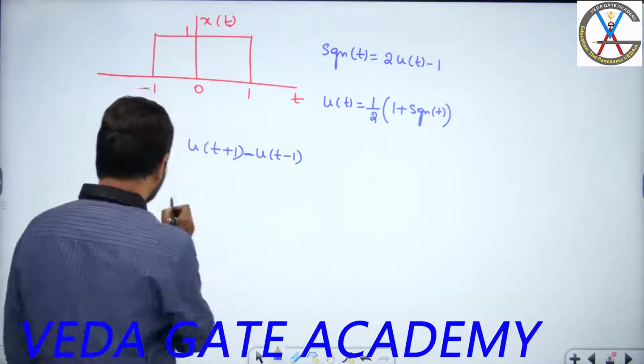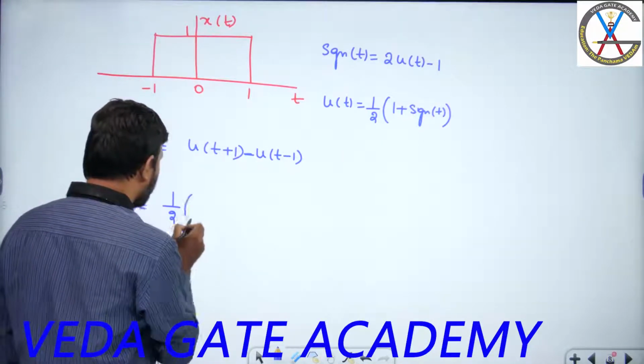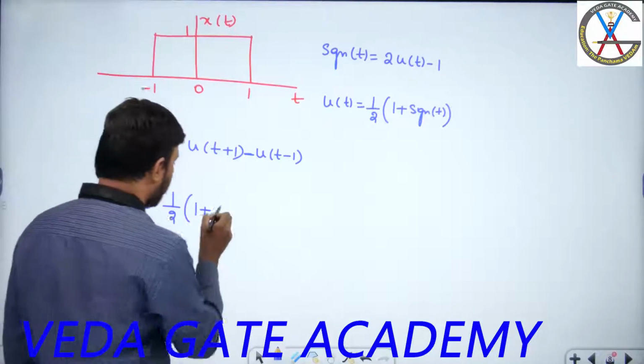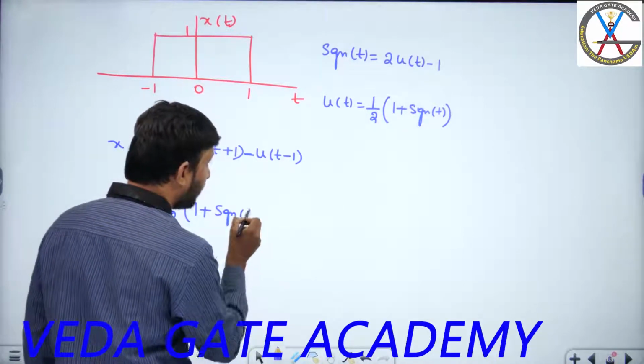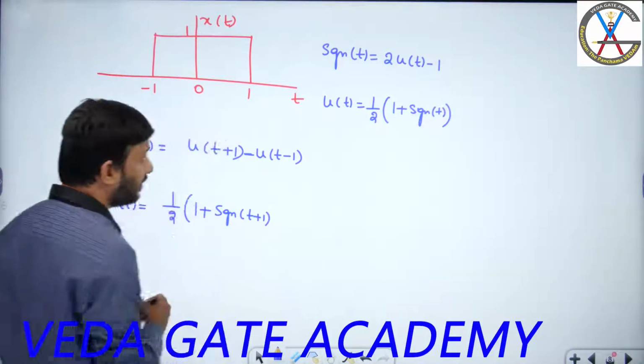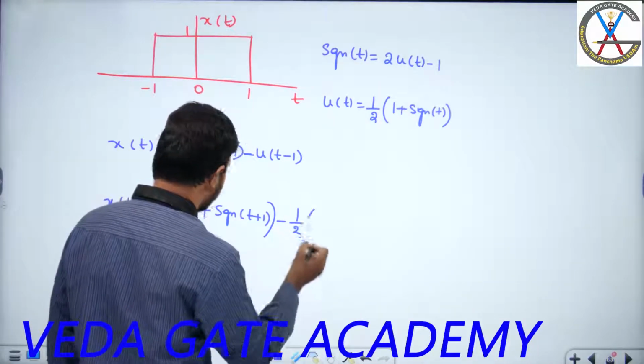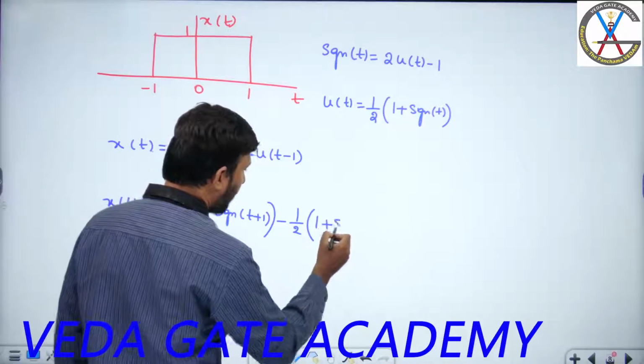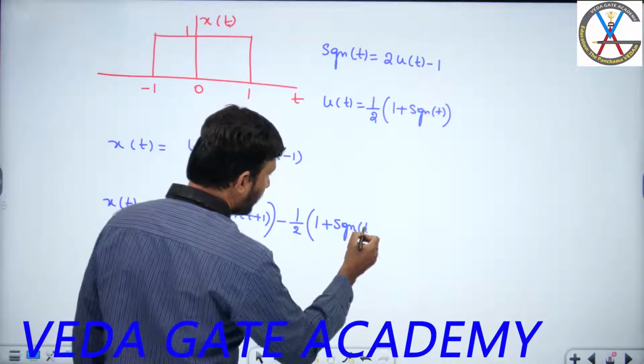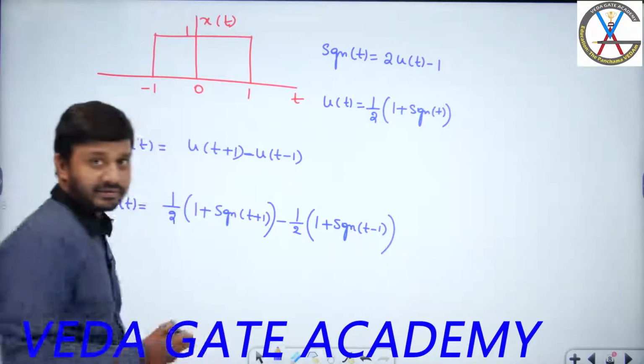Now, x of t is equal to u of t plus 1, which means 1/2 times 1 plus signum of t plus 1, minus 1/2 times 1 plus signum of t minus 1.